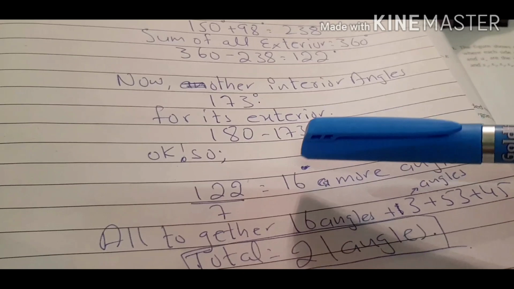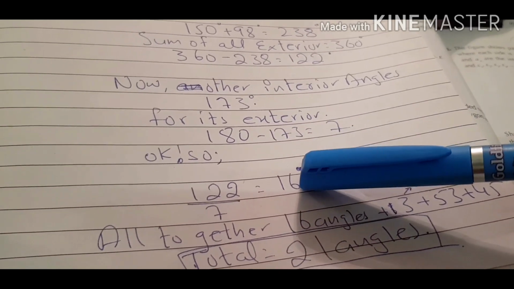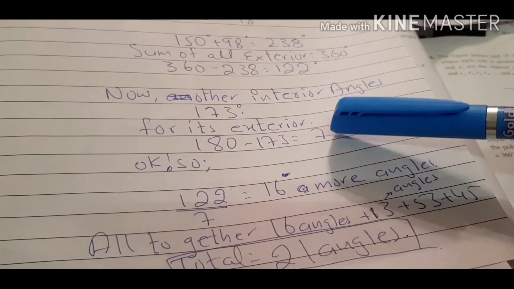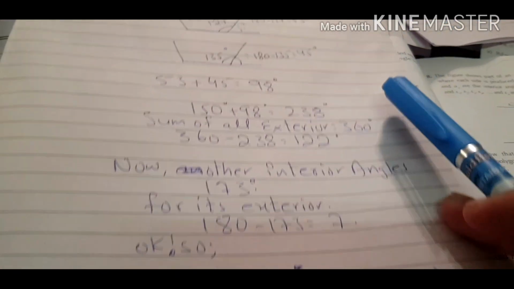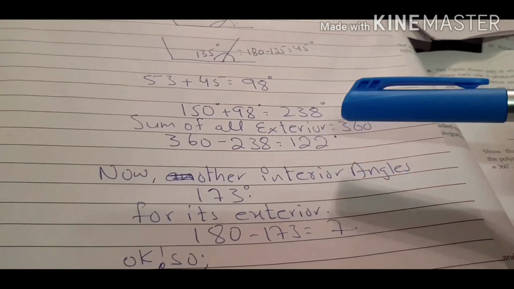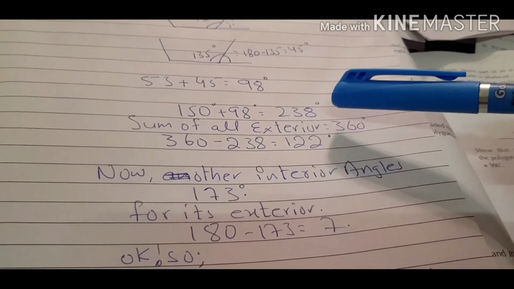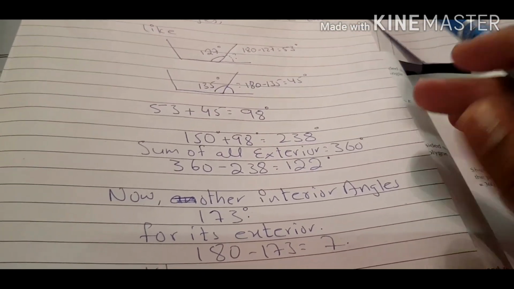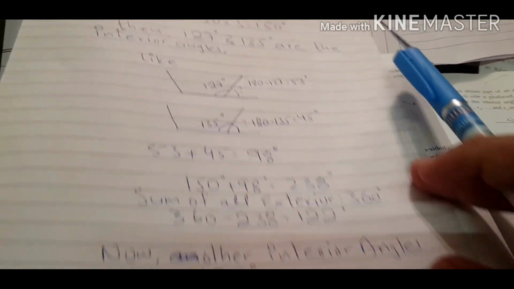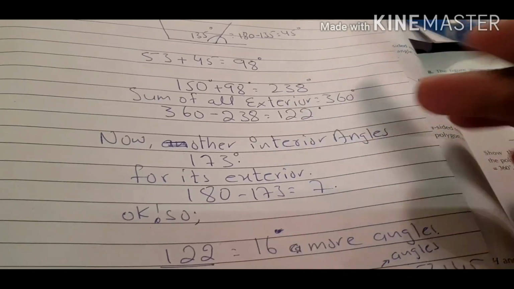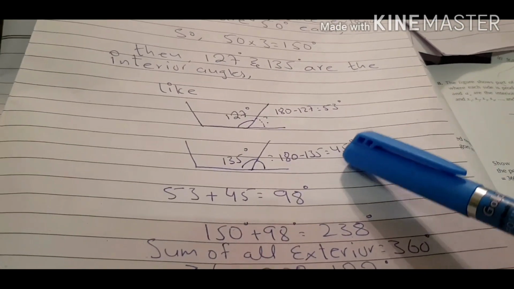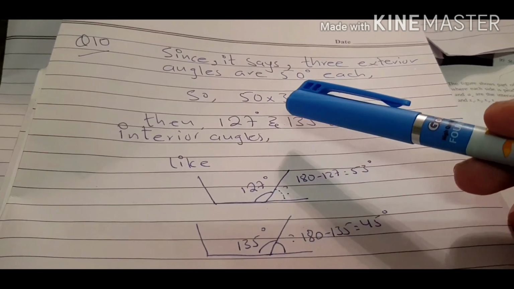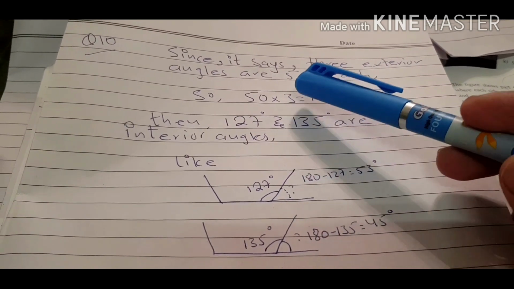That means there are 16 exterior angles of 7 degrees each, plus two more, 53 and 45, and then three more, the 50 degree angles. 16, then 17, 18, then 19, 20, 21.